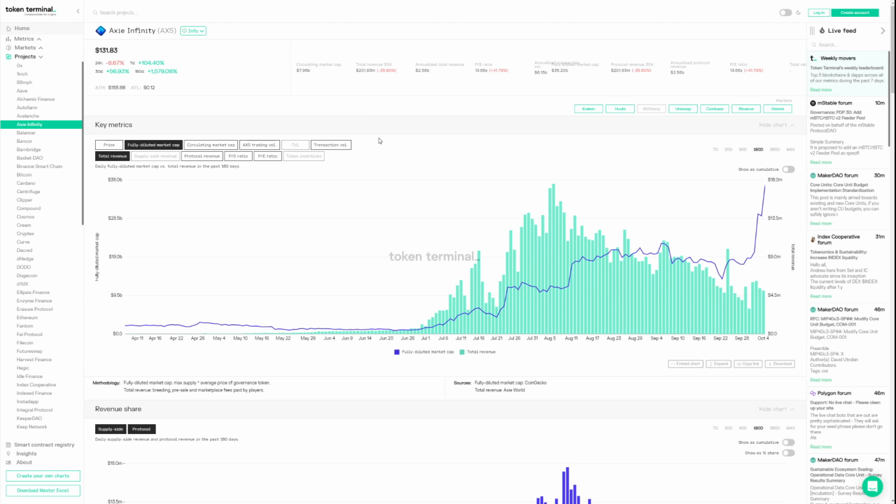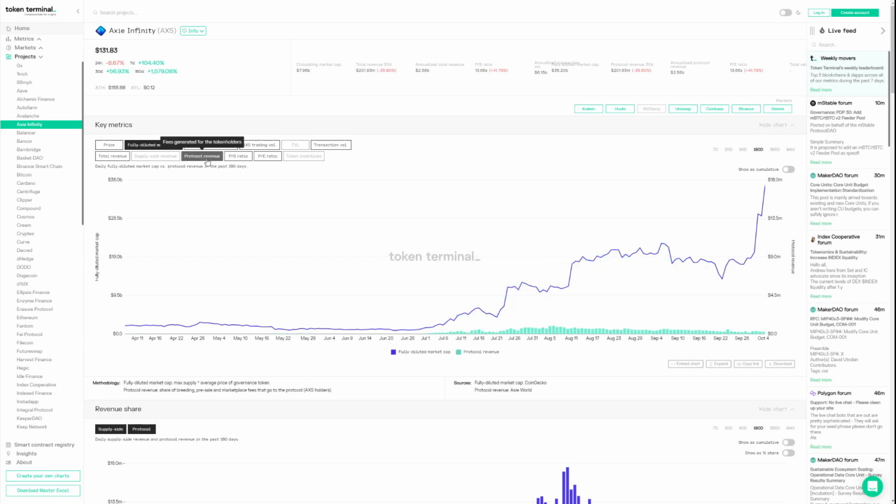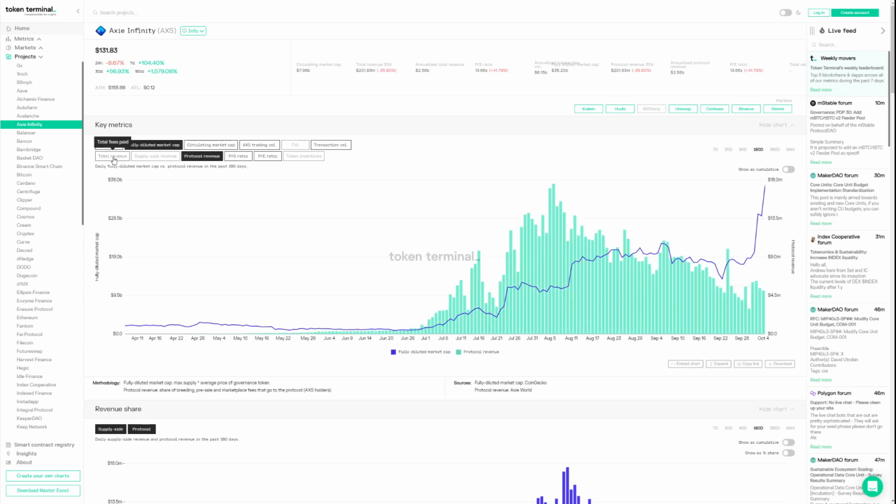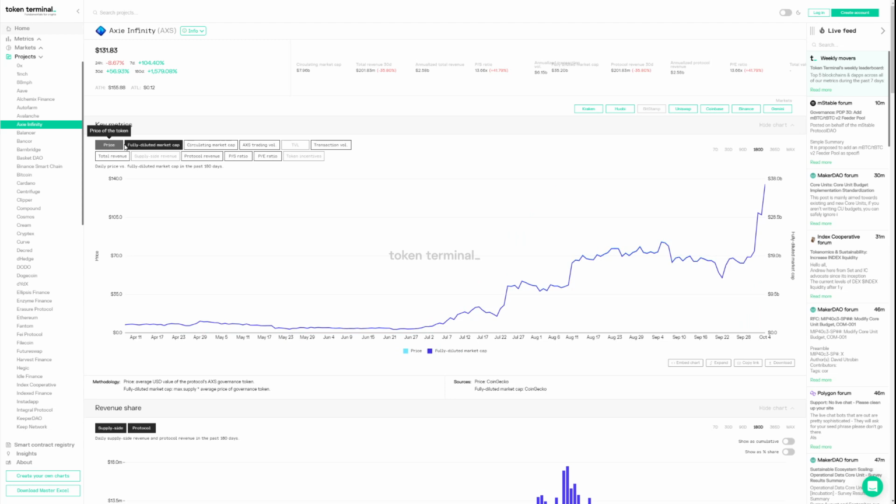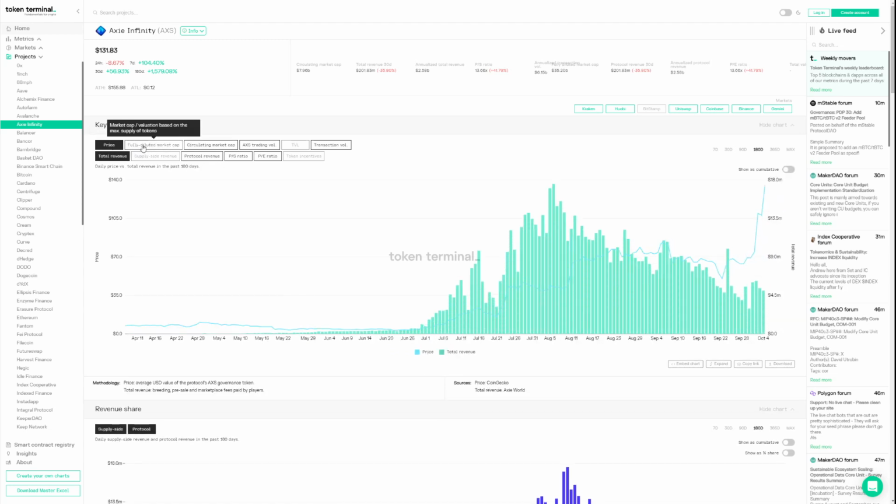What you're seeing on the screen here is information and data that you can get out of every protocol. So this one is the project AXS, and you can gather all the information that you want: total revenue, protocol revenue, price, fully diluted market cap. You can click it if you want.